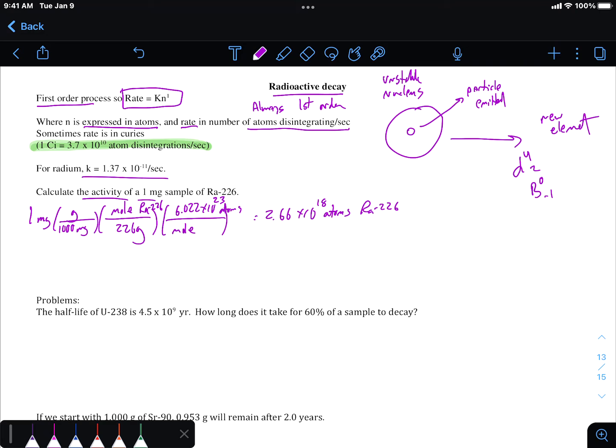Okay? So, since it's the rate that is being asked for, the activity, when they say activity, they mean rate. So the rate is K times N, and the rate constant was given to us: 1.37 times 10 to the negative 11th per second. Let me rewrite that. Times the number of atoms.